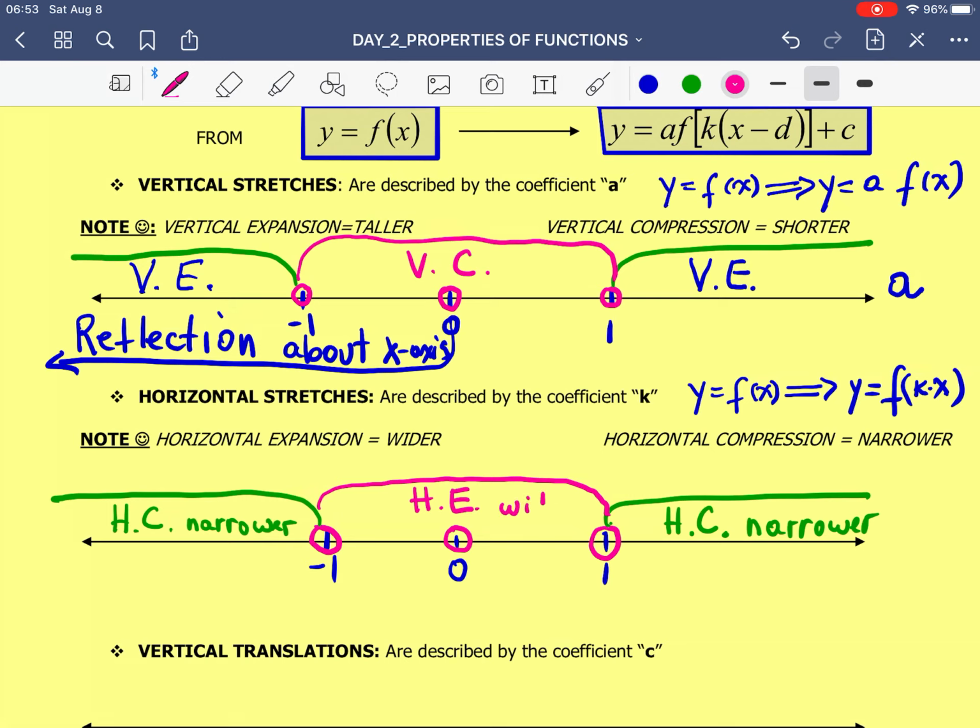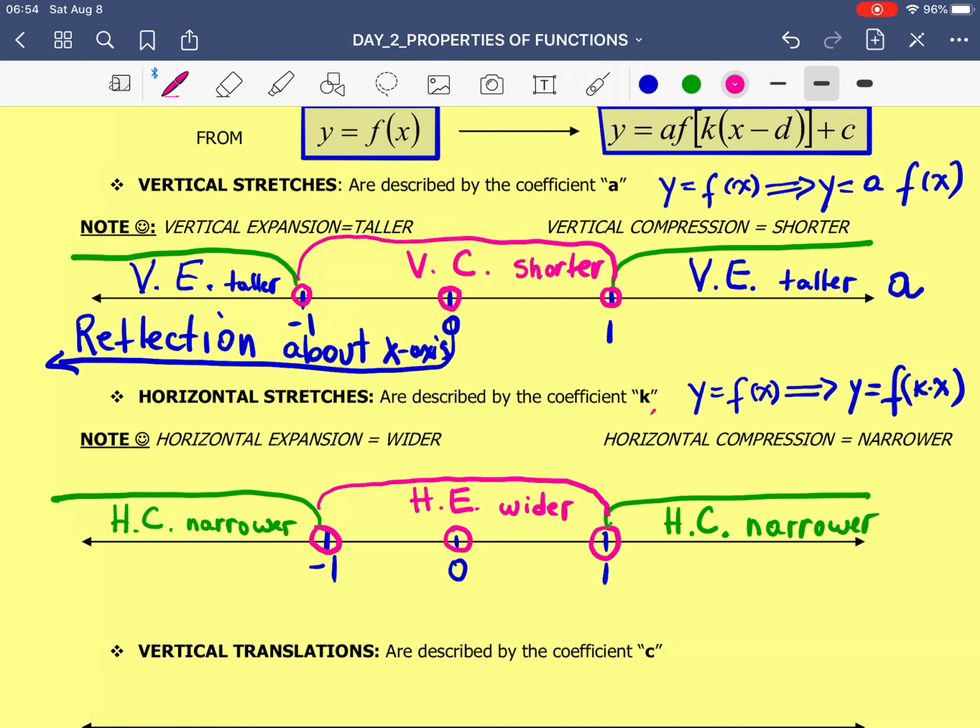So the graph will become wider. So remember that the coefficient a can make the function taller or shorter, and that's because y values will become either greater or smaller, and the coefficient k can make the function either narrower or wider. The height again won't change.